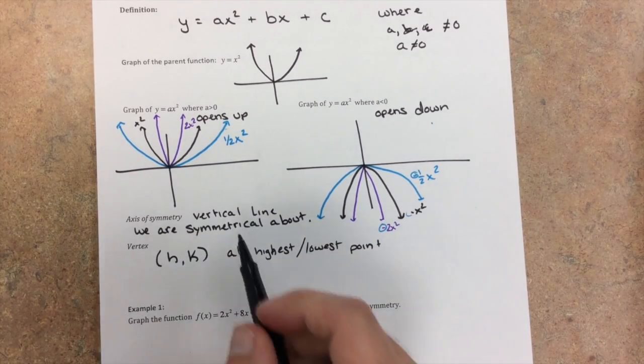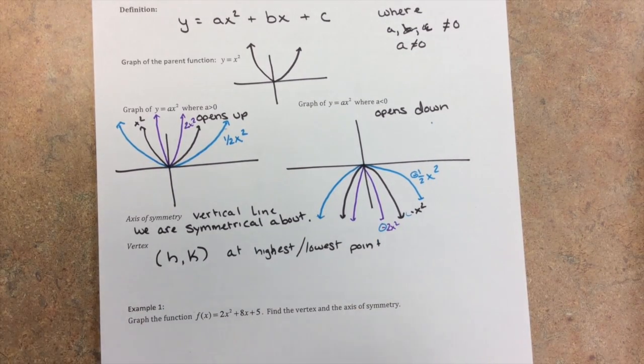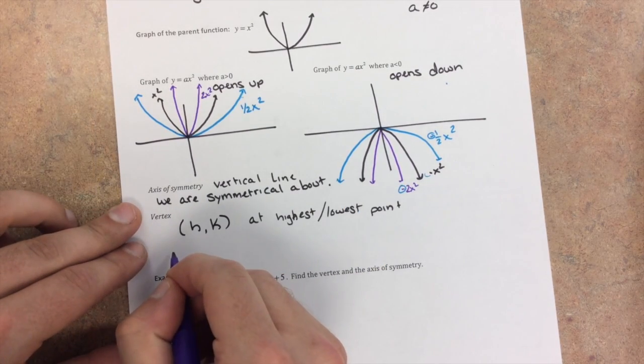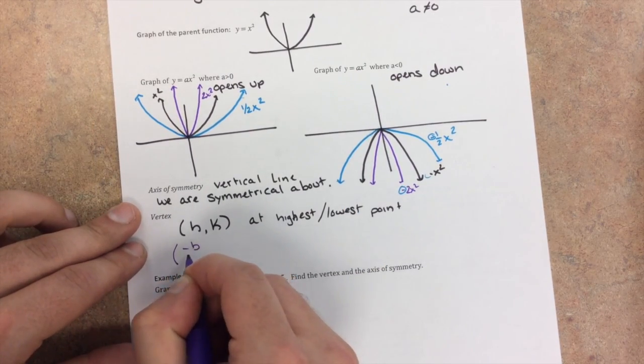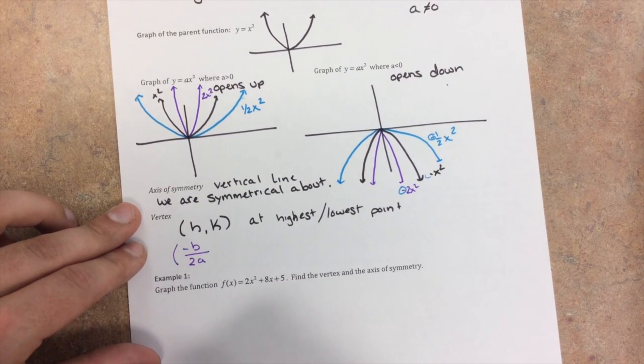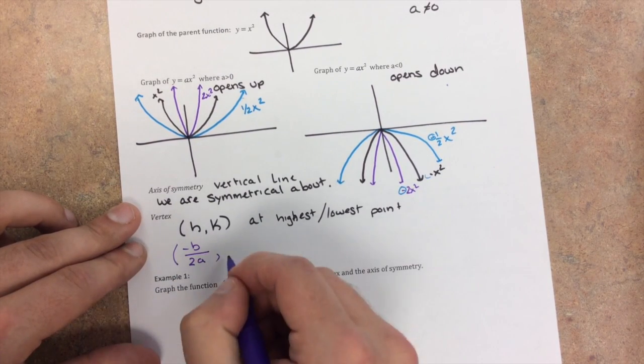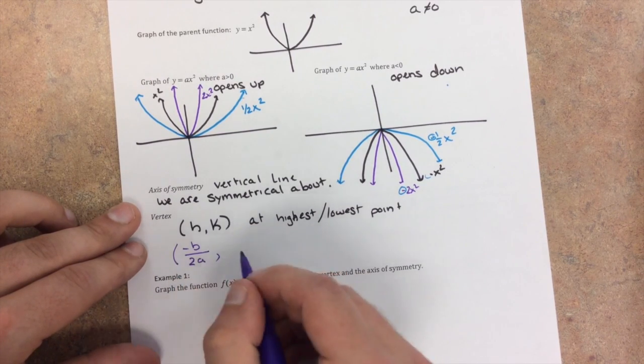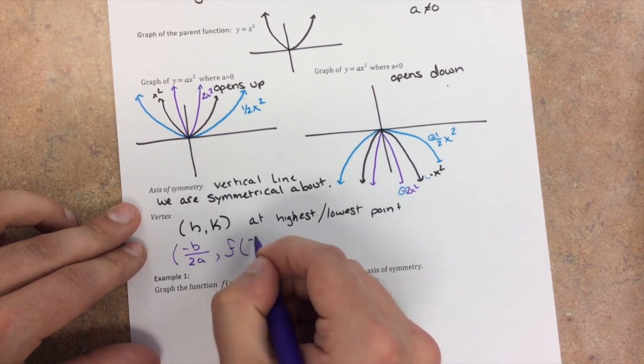Now, a couple things that we should know about these points. To find the vertex, it will always be negative b over 2a. So that's going to always be h, negative b over 2a. To find k, plug that in.